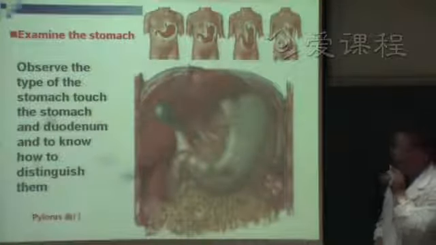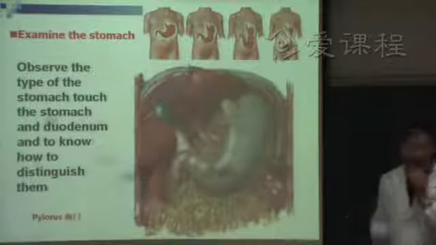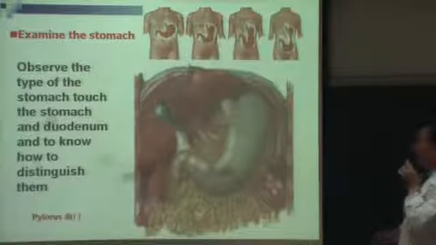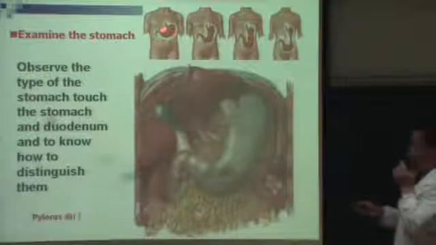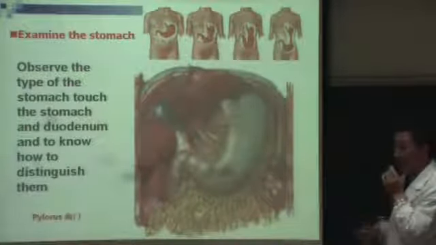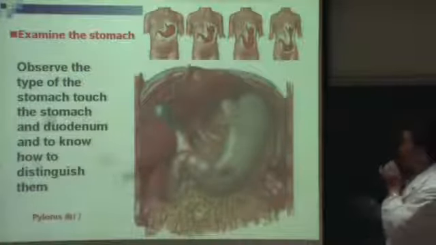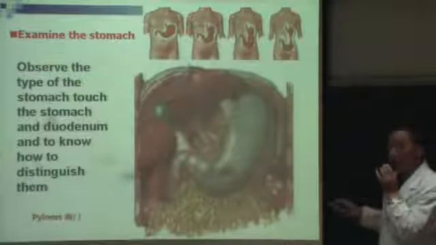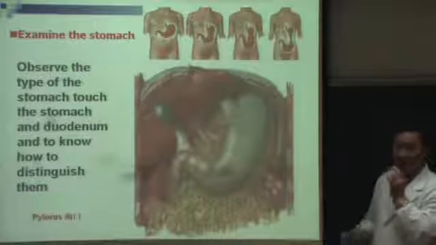Now, you should examine the stomach. What is the stomach? Okay. You can see the form, the morphology of the stomach, is quite different from person to person. You should examine and observe what type it is in your cadaver.